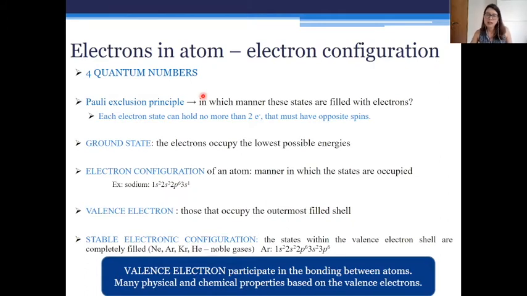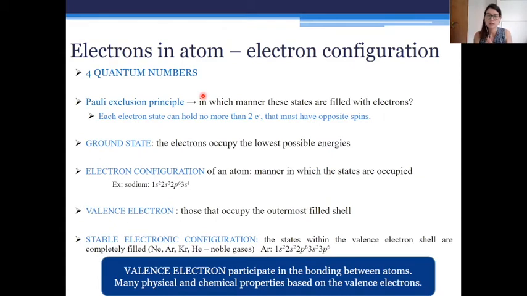And the stable electronic configuration is a state where the valence electron shell is completely filled. Okay, so the last shell of the atom possesses all the electrons permitting to fill this shell. So we find some atoms that fulfill these conditions, that have a stable electronic configuration.